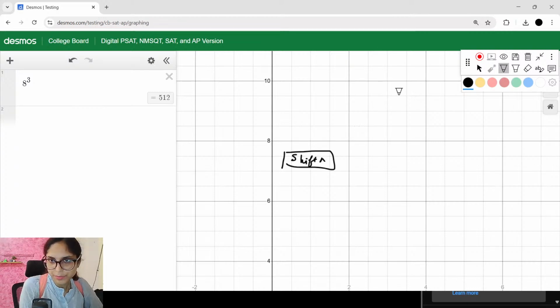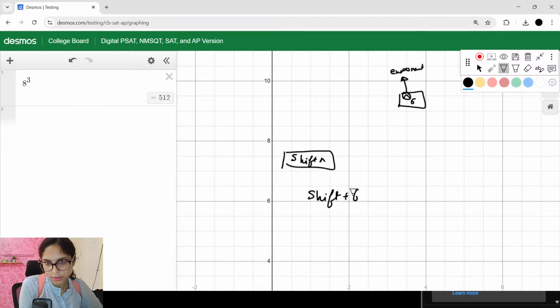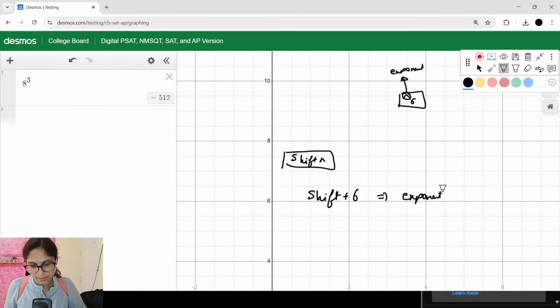And you will have your key where 6 will be written and on top of 6, this particular symbol will be given. We are looking for this symbol because this takes you up to the exponent. So shift plus 6 takes you up so that you can write the exponent. I hope this makes sense. Okay.